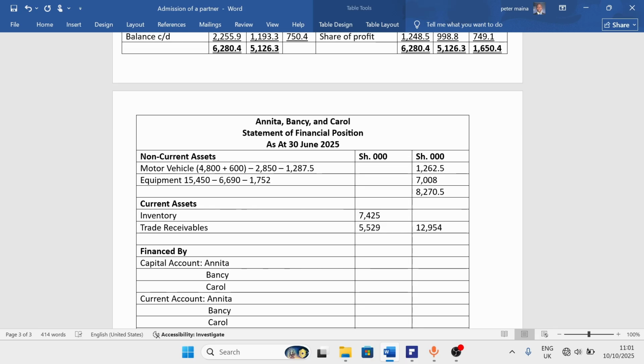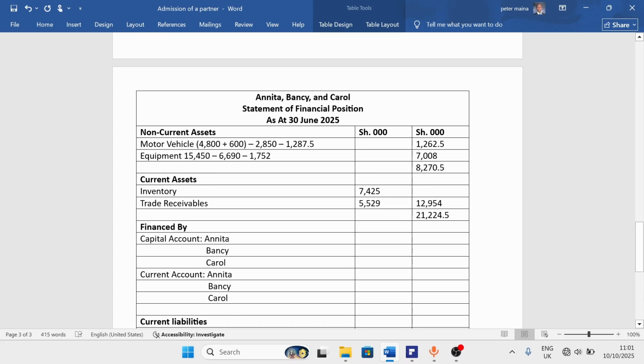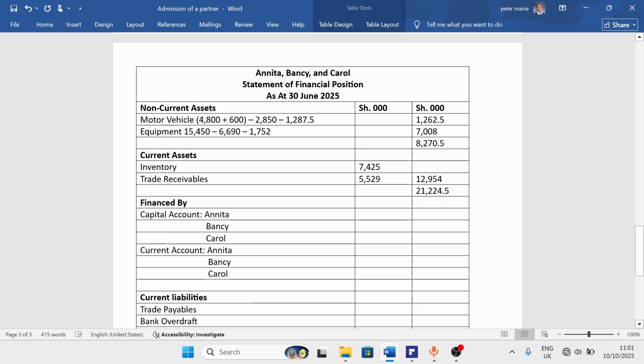So 12,954 plus 8270.5. So total for the assets is giving us 21,224.5.